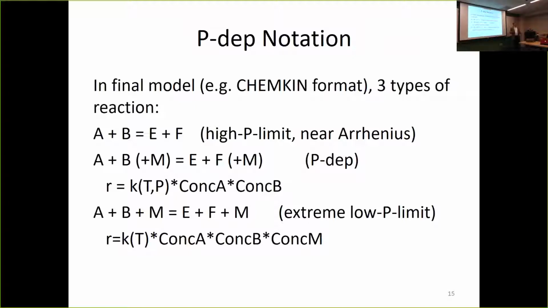So very low pressure limit reactions will be written this way. Normal high pressure limit reactions will be written this way. And these PDEP ones that we're worrying about right now are written with this funny parentheses notation. All right. So if you look at the big mechanism, you'll typically find all three of these formats. That's what it means.